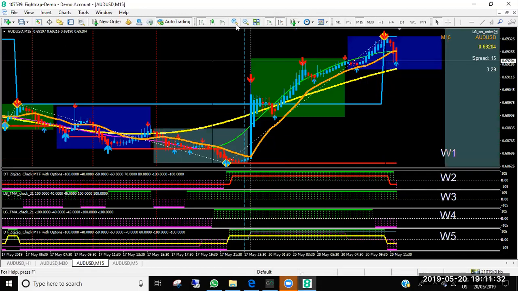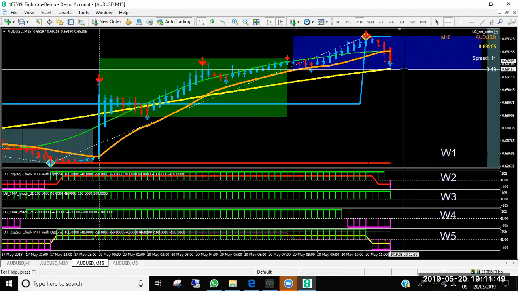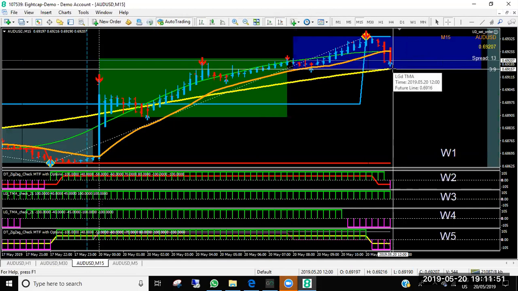over here to start it, but the orange timing line still needs to get above it, yeah? So look at the M15, the yellow future line.